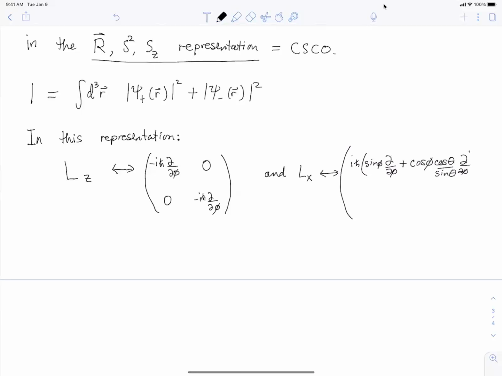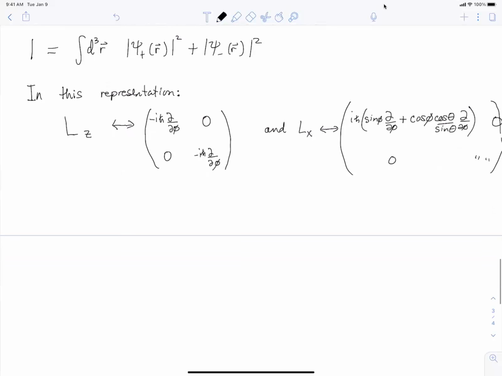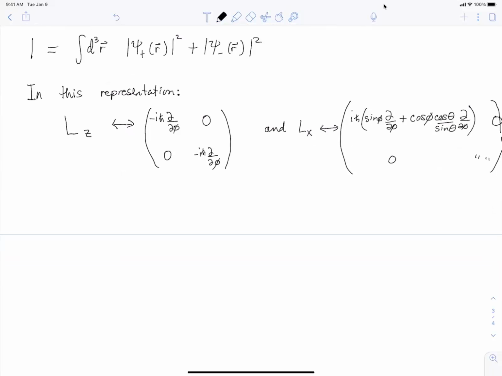But anyway, assuming that's right, it's just 0, 0, and then the same thing in the lower component. So everything is just a diagonal operator in 2x2 space. And so I can write similar things for L sub y, and the L plus and L minus operators that raise and lower the angular momentum, and L squared, etc.